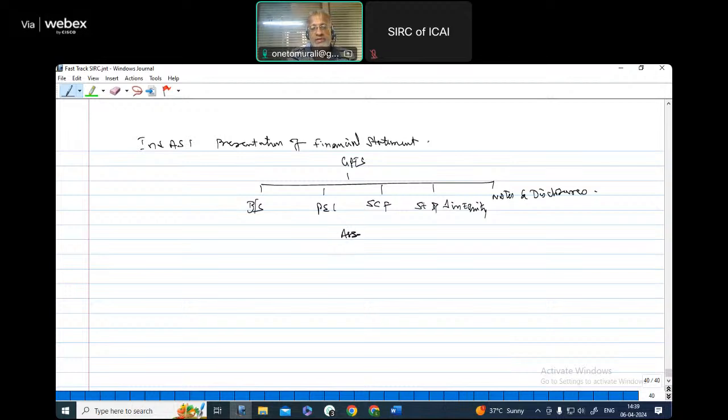Then assets and liabilities are classified based on operating cycle, current and non-current.